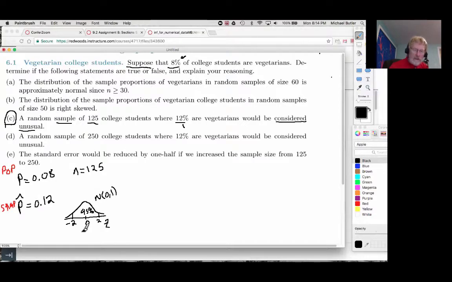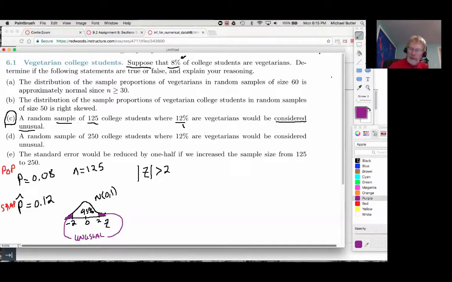So if our Z-score in absolute value is greater than 2, in other words, if it falls up here or it falls down here, then those areas in the bottom and the top would be considered unusual. Anything that fell in these shaded regions, let's shade them in purple just so that we can stay consistent with my lines, would be considered unusual.